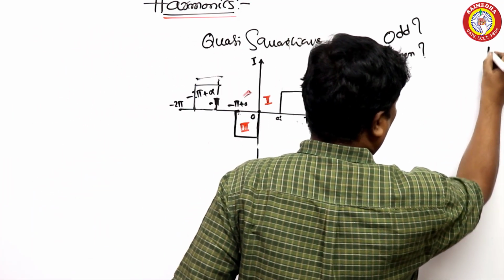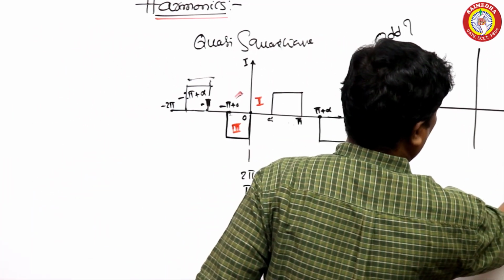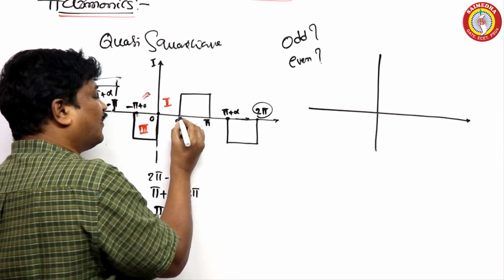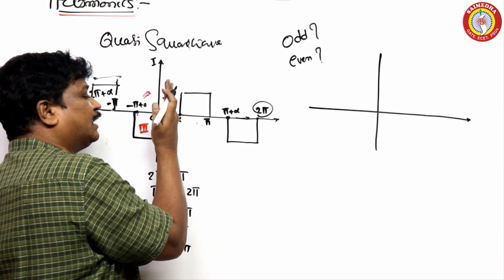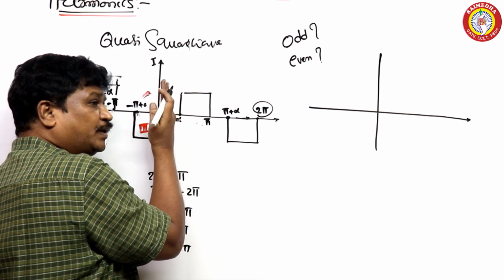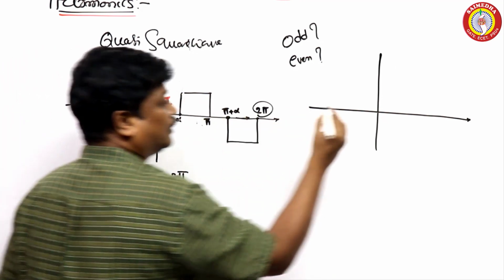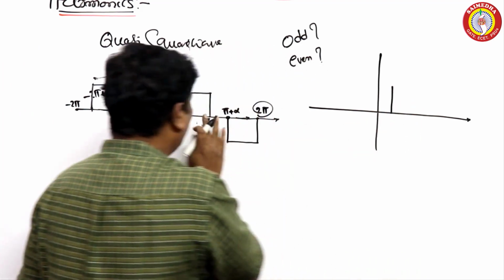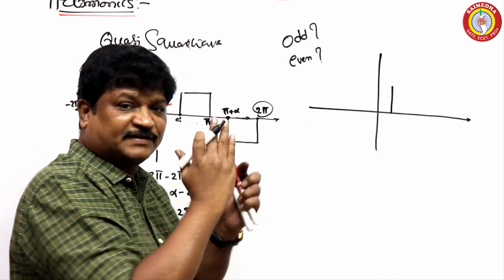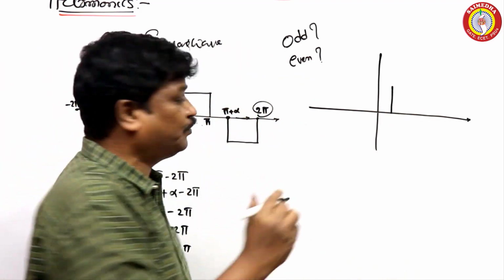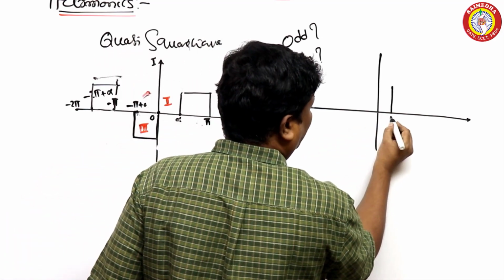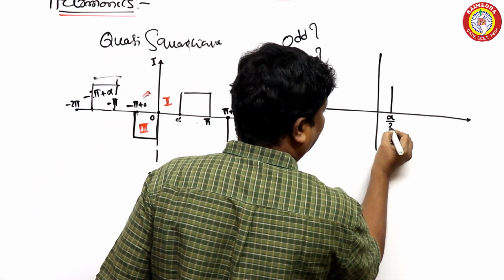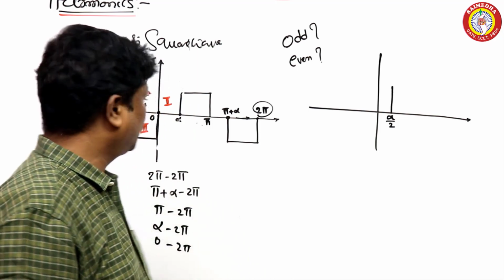Check the output. Instead of alpha, I am bringing it to alpha by 2 here. Since we are shifting the waveform to the left side, we have to subtract alpha by 2. So alpha minus alpha by 2 becomes alpha by 2.